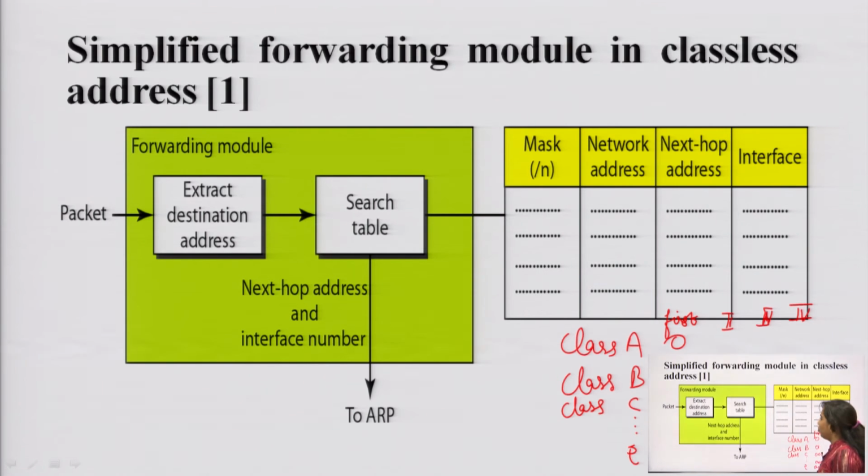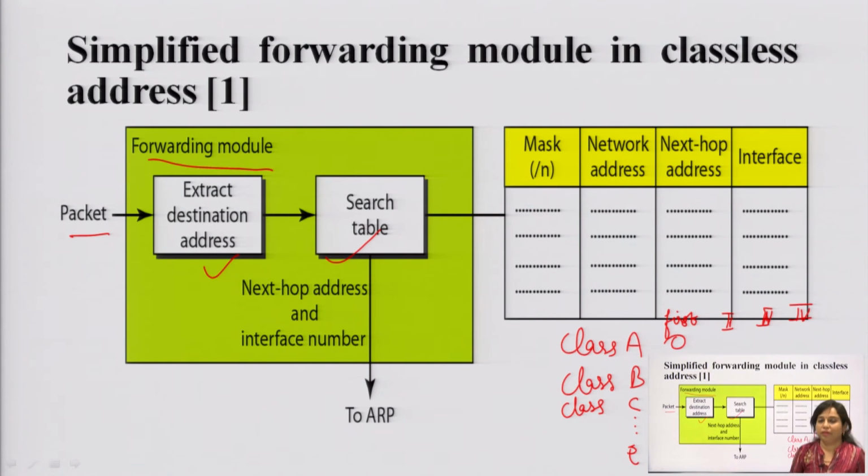If I do not want to use any type of class, that is, that particular reference table is not presented, then I can use this one. So, this is the packet which has reached this forwarding module, this is the exact destination address, and this will consist of the search table. Now, when we have received this exact destination address, then it has to reach another search table.